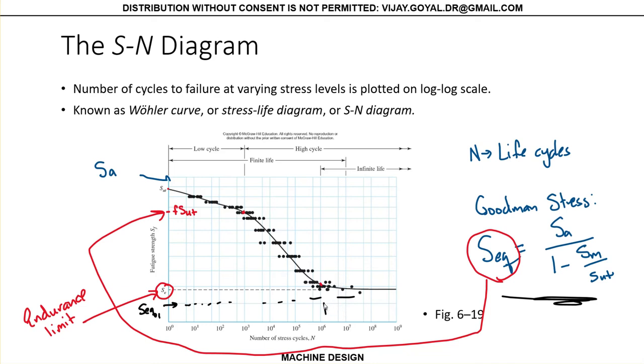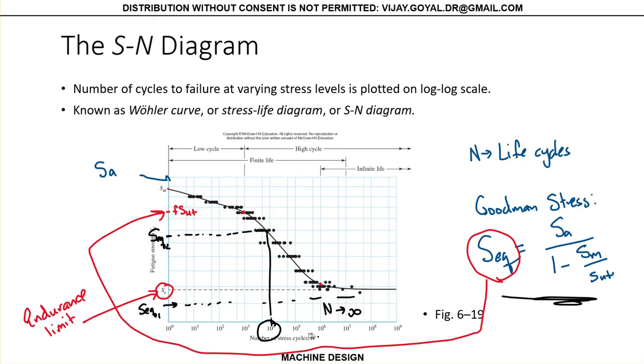That means that I actually have infinite life. Now if my stress was over here, let's say equivalent stress 2, then you can see that I do intersect the curve, and that intersection will give me life cycles. And that will say this is how many cycles I have left of my structure.